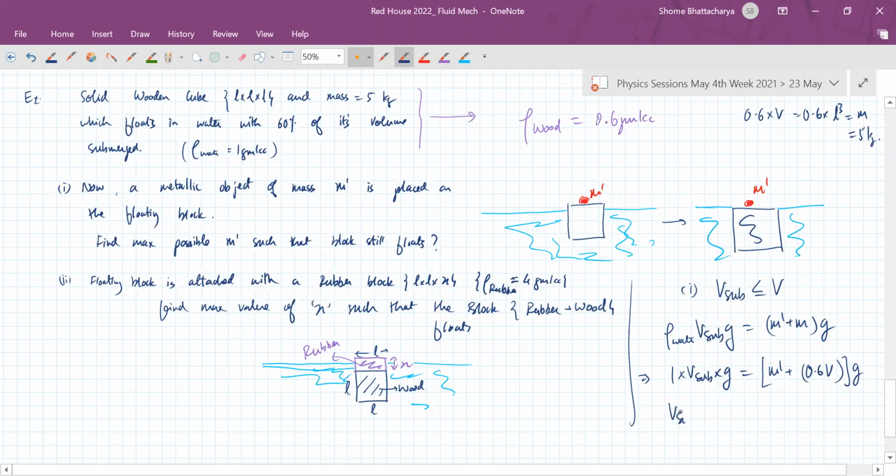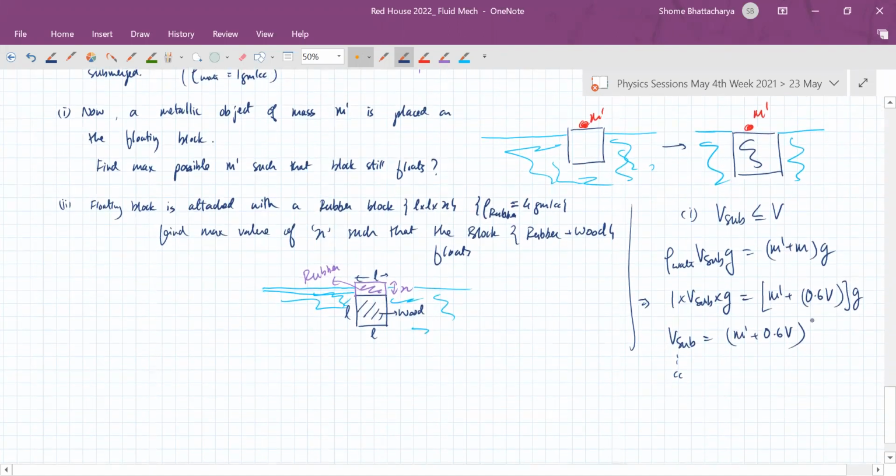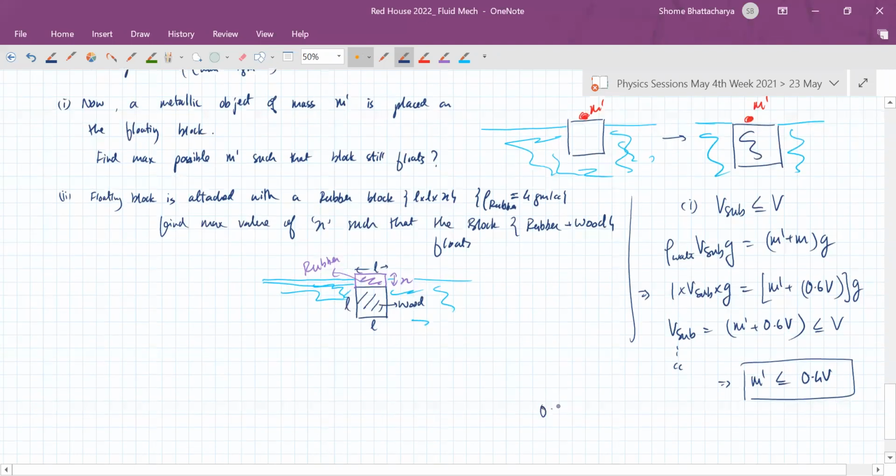So V submerged is equal to, in CGS unit, where this is in cc, and this should be less than equal to V. So that means M prime should be less than equal to 0.4 V. Now we know that 0.6 V is equal to 2 kg.